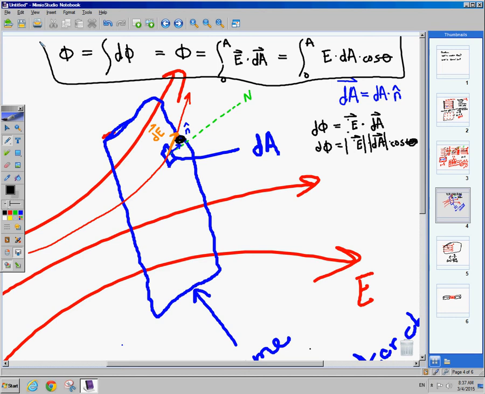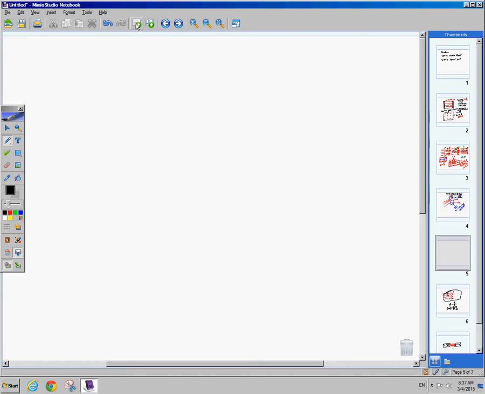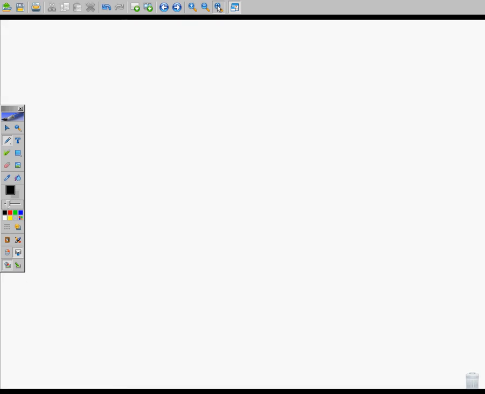All right, so let's take a look at another situation here where we have a point charge, Q1. Positive little point charge, Q1.